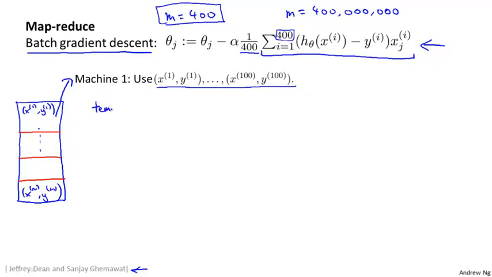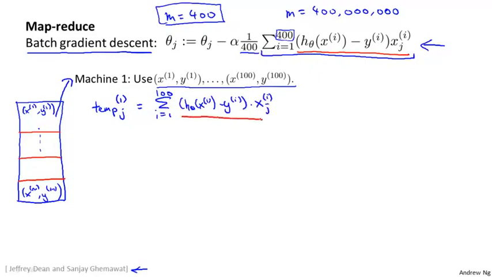I'm going to compute a variable temp1, the superscript 1 denotes the first machine, j equals sum from i equals 1 through 100, and then I'm going to plug in exactly that term there. So I have h theta of x^(i) minus y^(i) times x_j^(i), right? So that's just that gradient descent term up there.